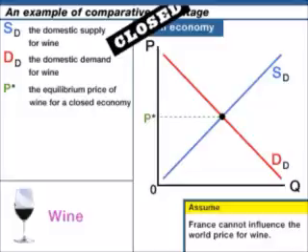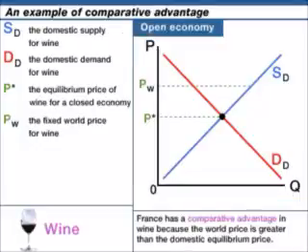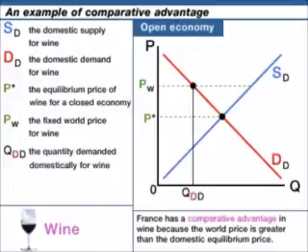Well, notice first, at this high price for wine, French consumers want to purchase this quantity determined by the intersection of PW with the demand curve. The quantity of wine demanded domestically, we can write down here on the axis as QDD. The quantity of wine supplied domestically can be found by going over to the domestic supply curve.